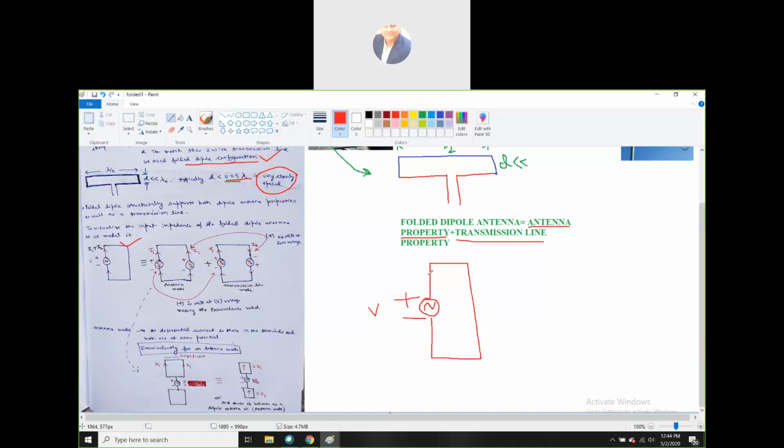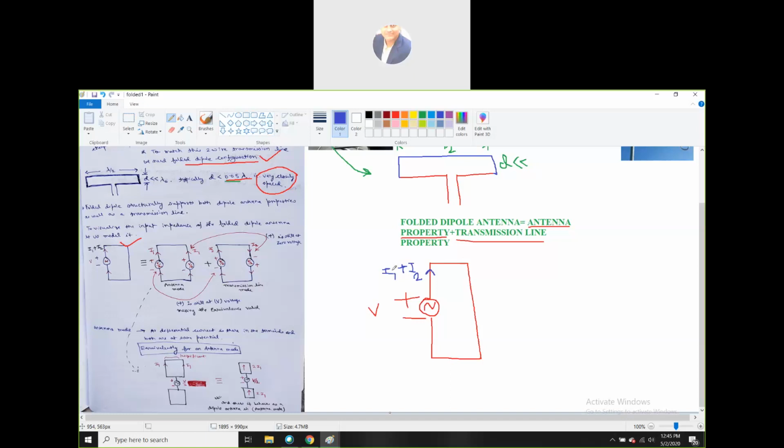What it signifies is that inside this antenna wire there are two currents, I1 and I2. So there is a possibility of two types of current flowing. In some configuration it will behave as an antenna, and in some configuration it will behave as a transmission line.